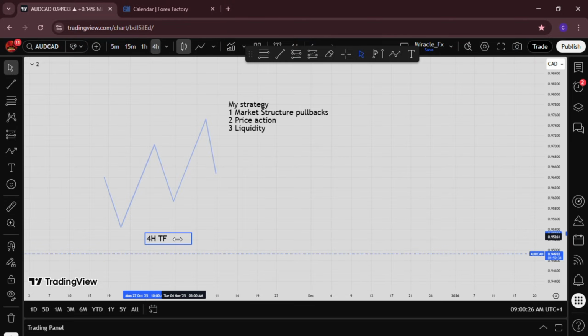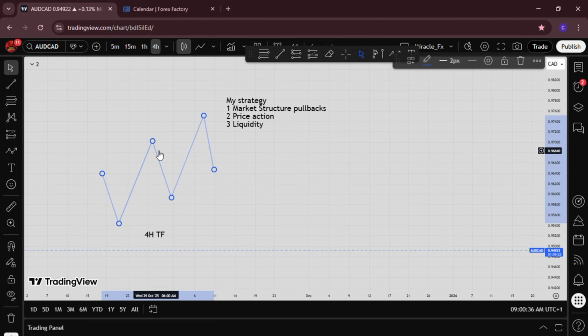Okay, so when price gets to this zone here, what I'll be looking for here in a lower time frame is something like this.